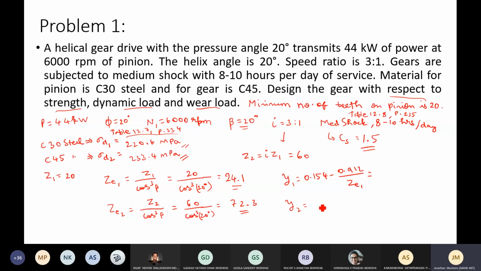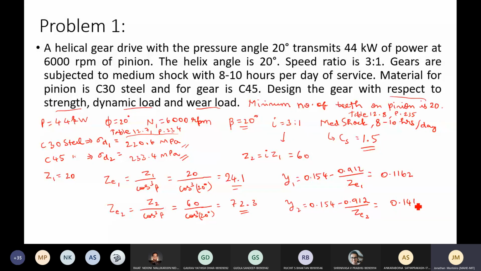Then y2 will be again 0.154 minus 0.912 by ZE2. So y1 is 0.116, yes, good. And y2 is 0.1414. Yes, good.